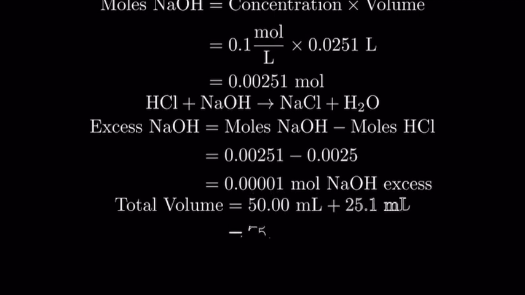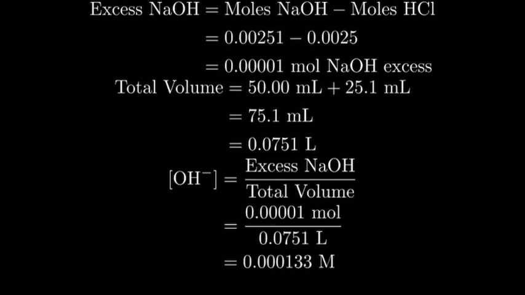First, let's calculate the total volume by adding the volumes of both solutions. 50.00 plus 25.1 equals 75.1 milliliters, or 0.0751 liters. The concentration of excess sodium hydroxide is the moles of excess divided by the total volume. That's 0.00001 moles divided by 0.0751 liters, which equals 0.000133 molar.